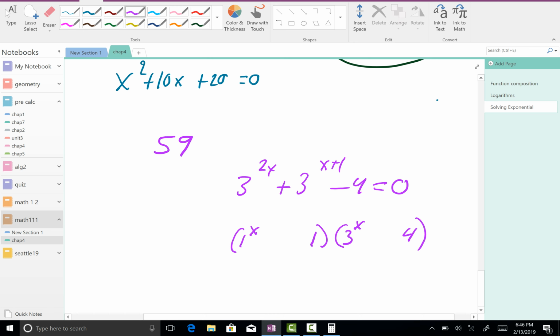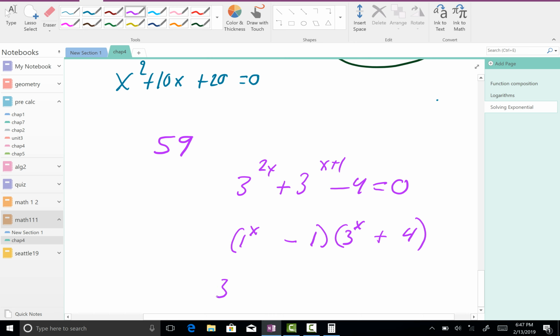And 1 has got to go there. One's got to be a minus, one's got to be a plus. So that's 3, the x. And this is 4. I think this has got to be positive, and this has got to be negative, I believe. So let's see if that works.